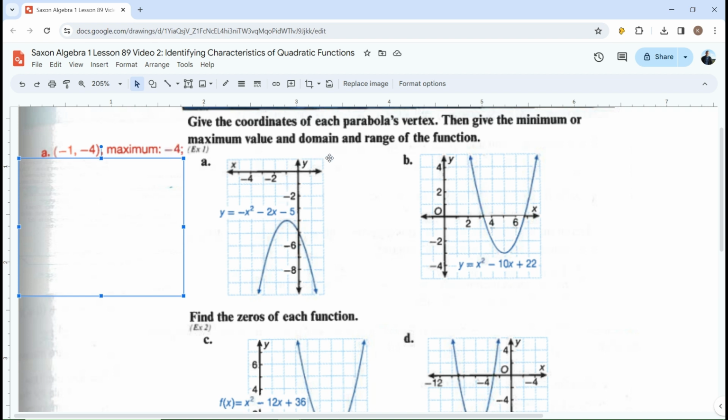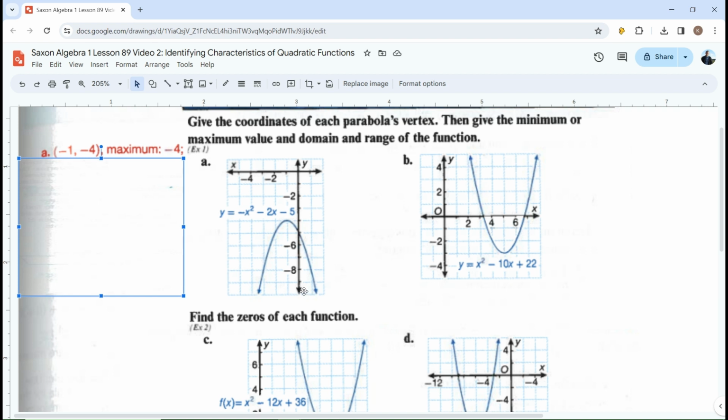Next, the domain and range of the function. Now, the domain is going to be which x values this function can possibly take on. And here's the thing, for every parabola, the domain is going to be the same. The domain is all real numbers because this parabola can go as far to the left as it wants and as far to the right as it wants. That's what these little diagonal arrows indicate.